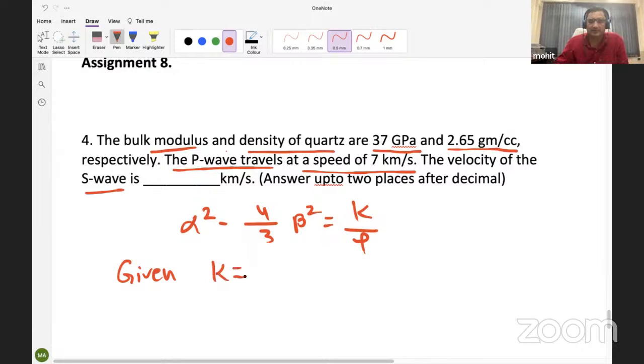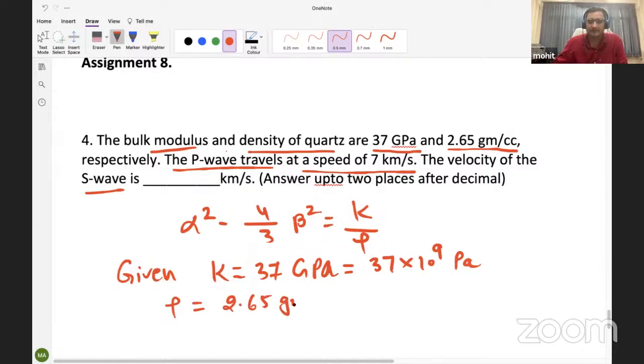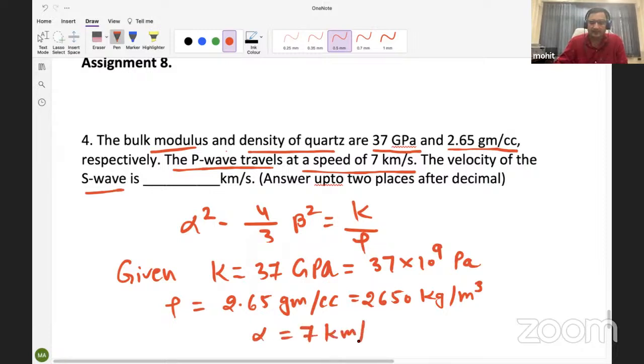K is given, that is your bulk modulus, 37 gigapascal, and when we convert it to Pascal, we are required to multiply 10 to the power 9, that is 37 into 10 to the power 9 Pascal, and rho is equal to 2.65 gram per cc, that is equal to 2650 kilogram per meter cube, and alpha is also given, that is 7 kilometer per second.